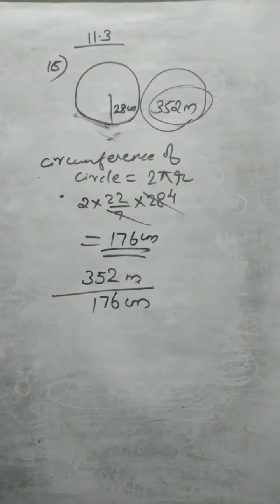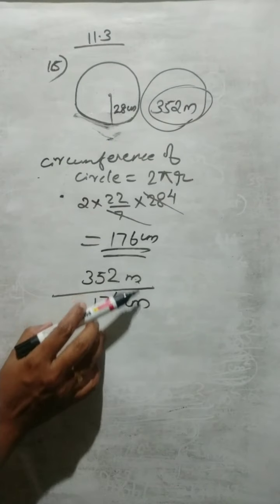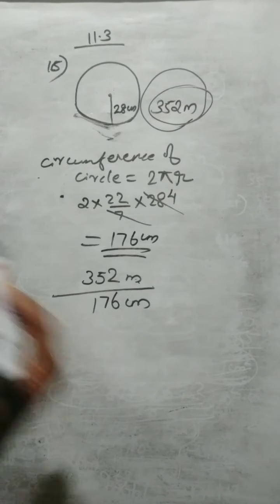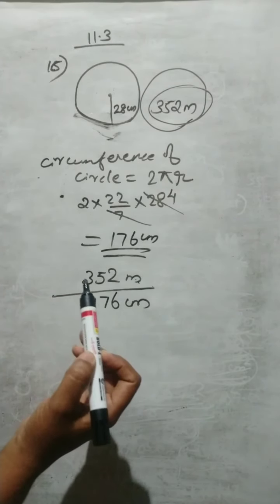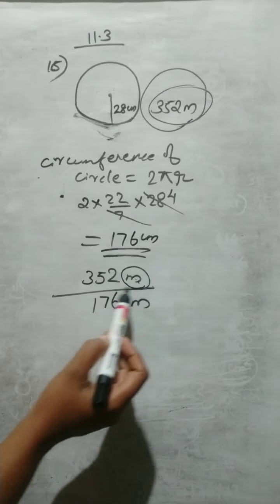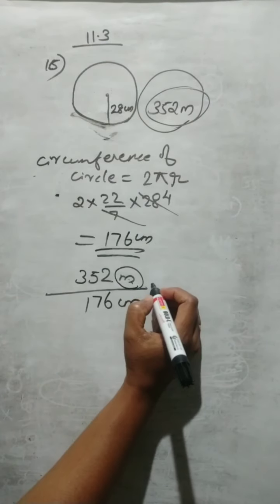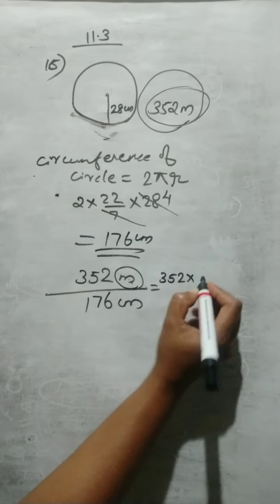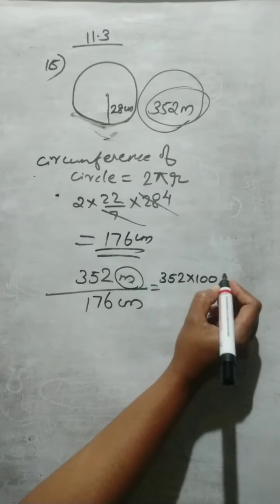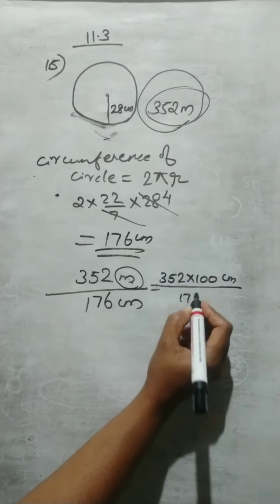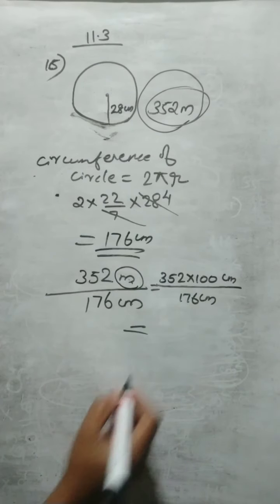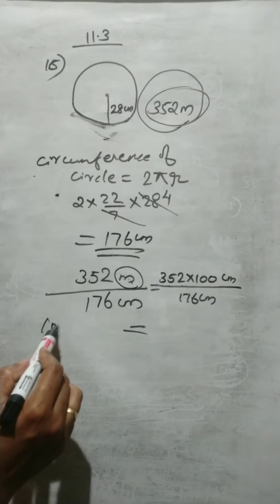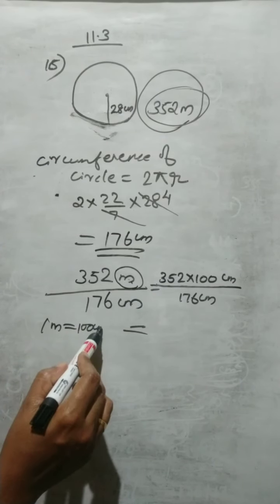Both are in different units, one in meter, another in centimeter. Better we convert the meter into centimeter by multiplying by 100. That is 352 times 100. Now this became centimeter. Clear? Because 1 meter is equal to 100 centimeter.